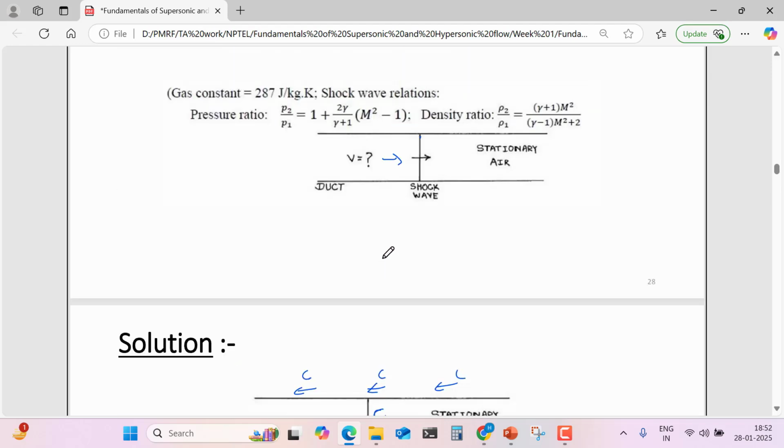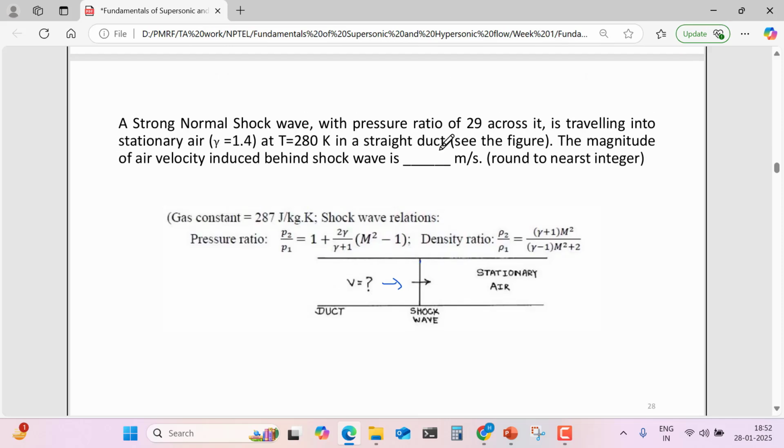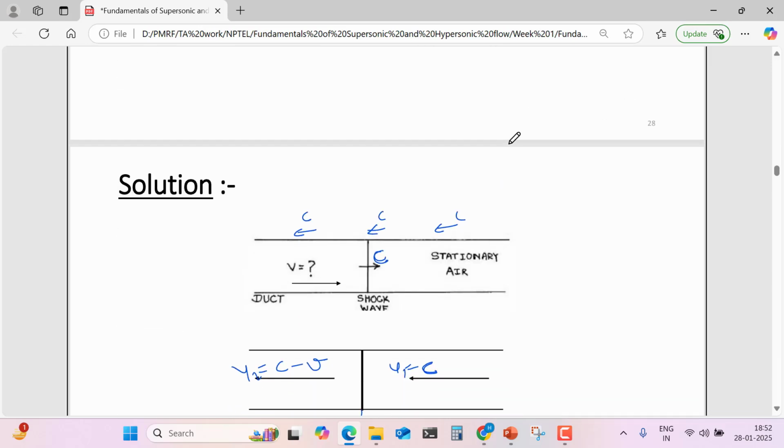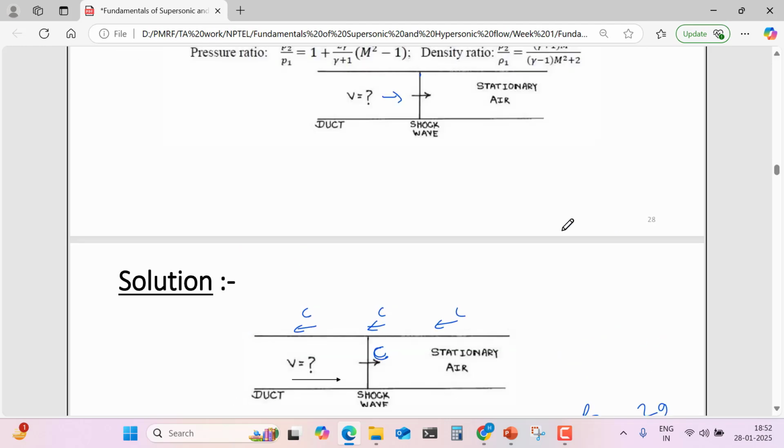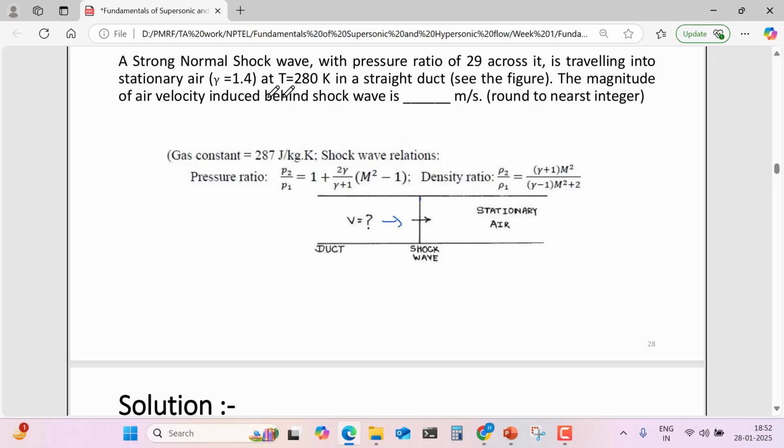And we know that the pressure ratio is 29. So this is P2 and this is P1. So P2 by P1 is 29 and T1 is 280.